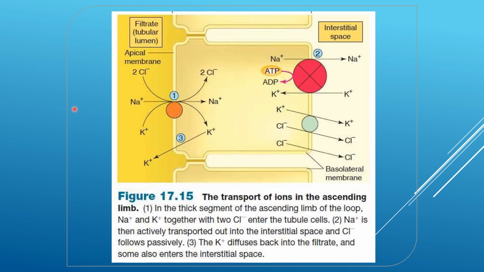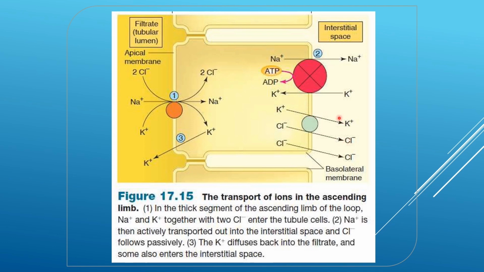So this is the picture showing the transport of ions in the ascending limb. In the thick segment of the ascending limb of the loop of Henle, sodium and potassium together with two chloride ions enter into the tubular cells. Sodium is then actively transported out through the sodium potassium pump, sodium out, potassium in, into the interstitial space, and then the chloride follows it passively.